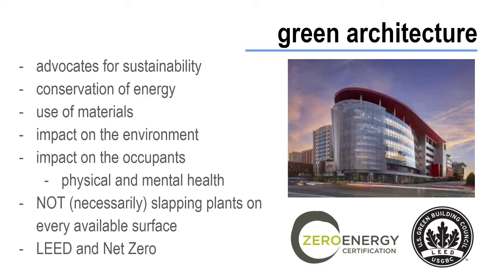But ultimately, when it comes to net zero, rather than just producing as much energy as you're using, in addition to that, you want to, as I said before, conserve as much energy as possible. So you want to use materials and use techniques that kind of either keep a building's envelope nice and tight, so maybe air isn't escaping, or use different passive techniques so that we can use kind of the sun to help light or heat our building.